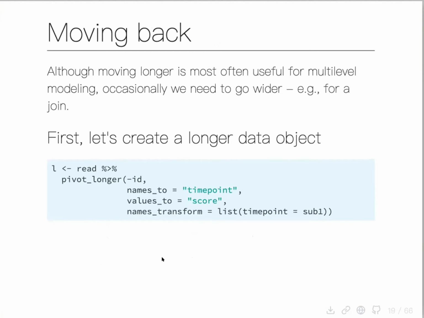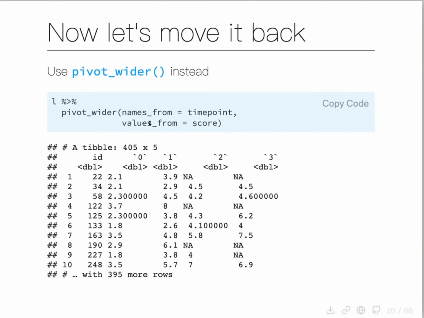And then the values for those columns are going to come from score. And then I end up with a data set that looks just like this. So this is just doing the exact opposite of what we just did. Instead of moving to a longer format, we're moving to a wider format. Clear? Questions?